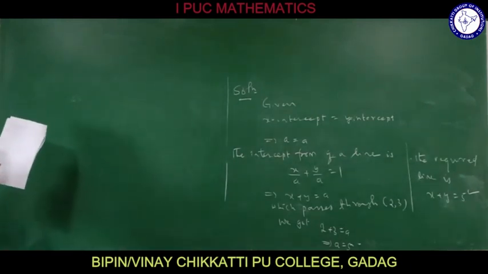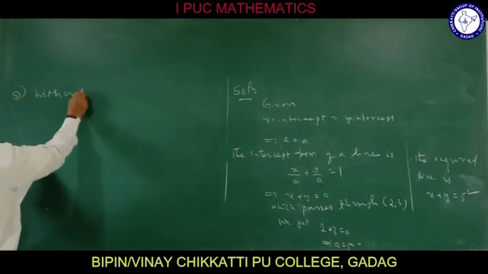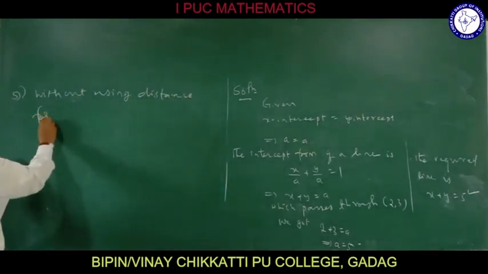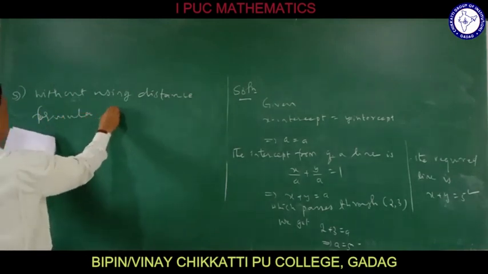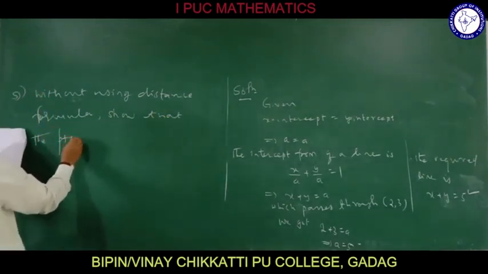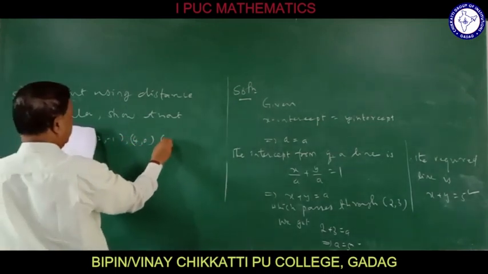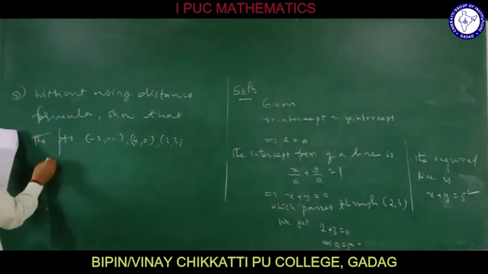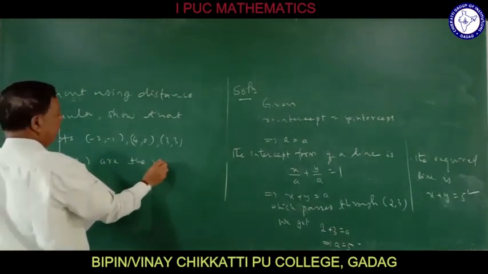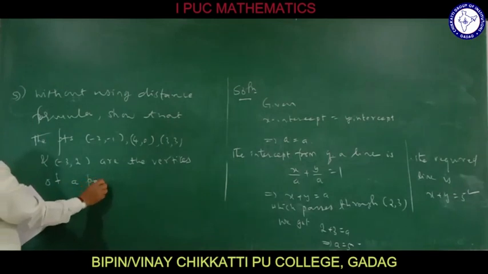Without using the distance formula, show that the points -2, -1, 4, 0, 3, 3 and -3, 2 are vertices of a parallelogram.